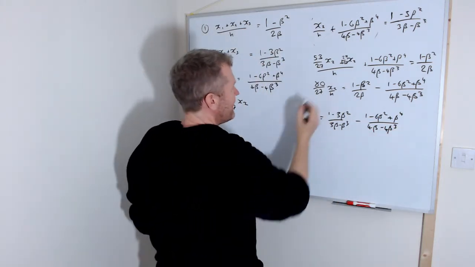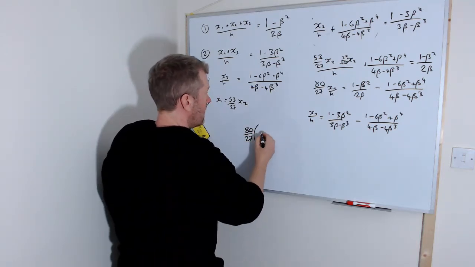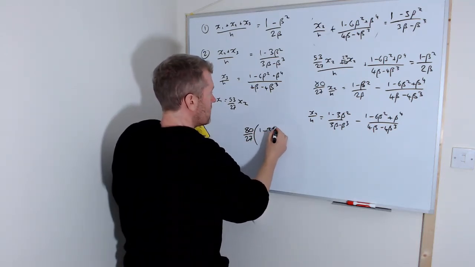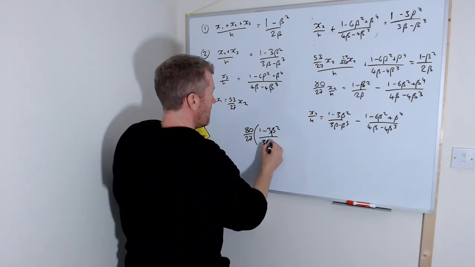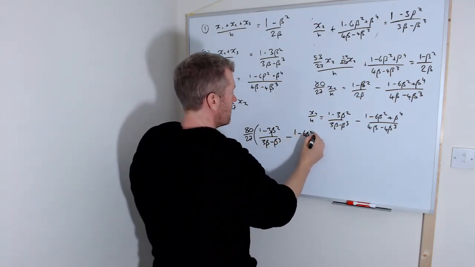Put that into here, gives us 80 over 27 times 1 minus 3 beta squared over 3 beta minus beta cubed minus 1 minus 6 beta squared.